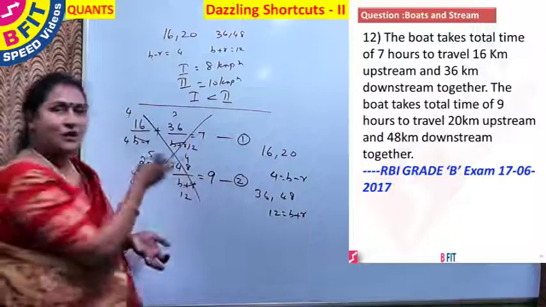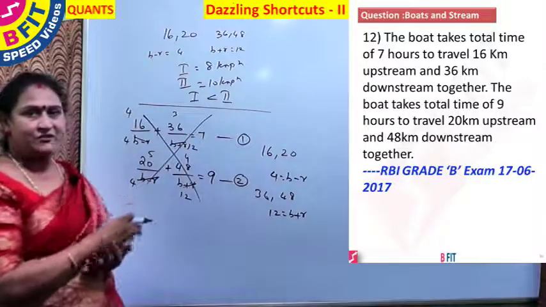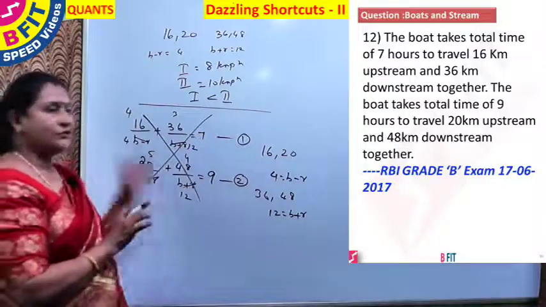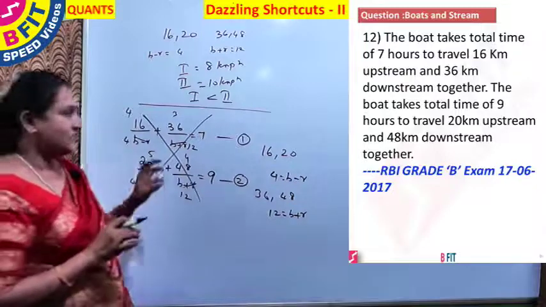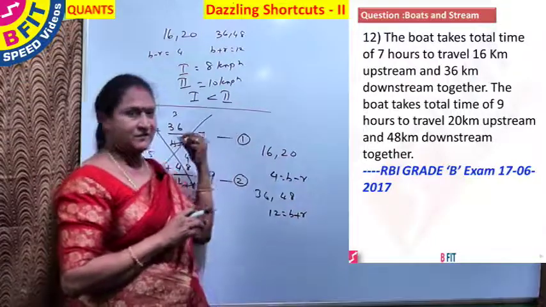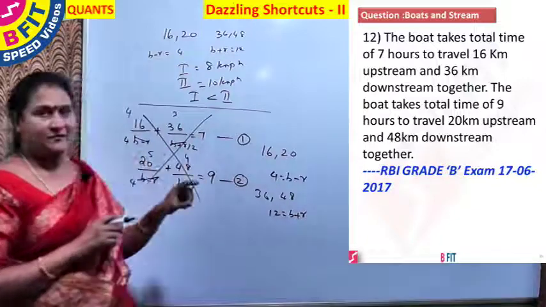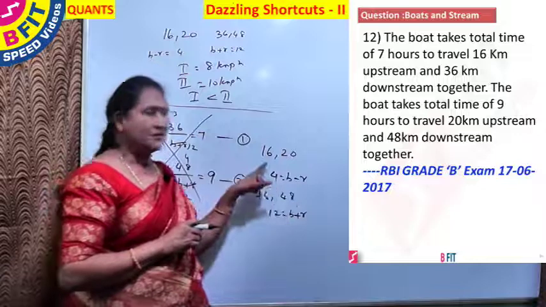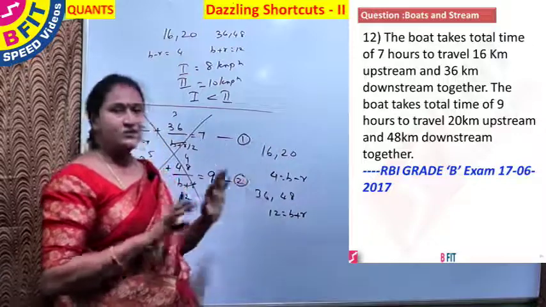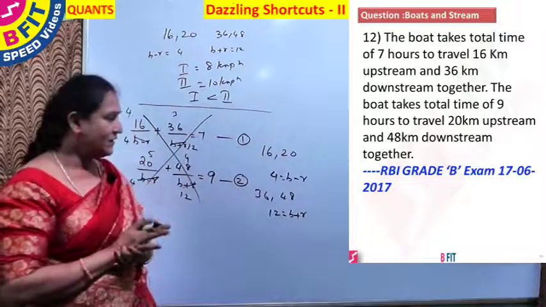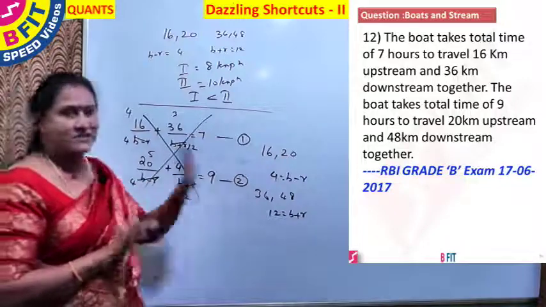So why do all this time-consuming solving of equations? Instead of doing all this, friends, just collect the upstream distances and downstream distances, as both are divided by the same divisors. This value should be a common factor of these two numbers. So first try with the highest common factor, and for almost all the questions this is tallied.